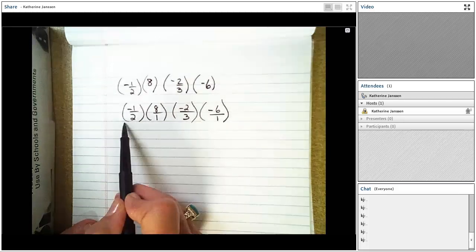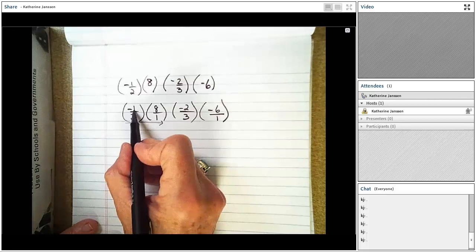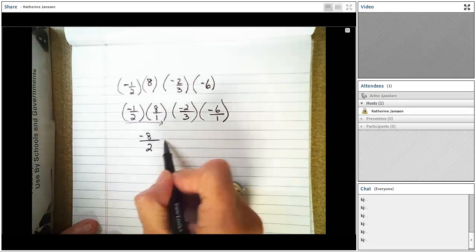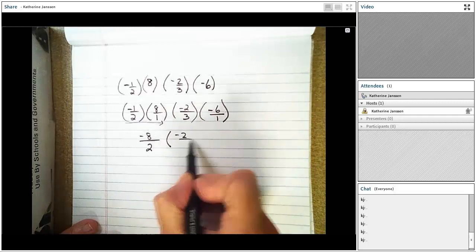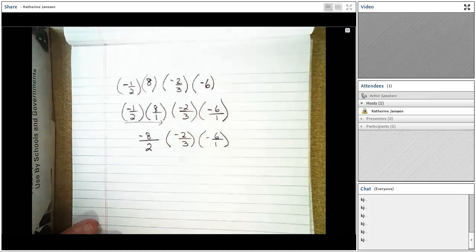This is all multiplication, so I'm going to multiply from left to right. A negative 1 times 8 would be a negative 8, and 2 times 1 is 2. Copy everything else down the same. Don't get in a hurry to do another step. Your calculator does one step at a time according to the order of precedence, except it does it much faster than you and I.